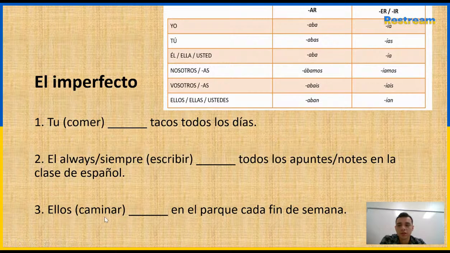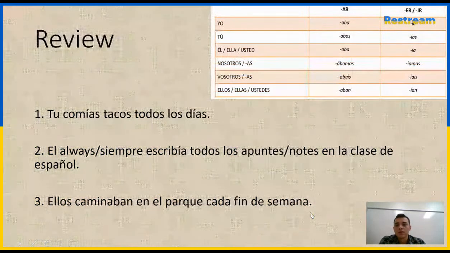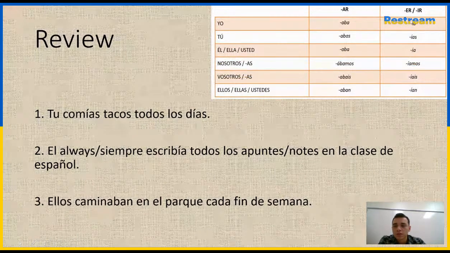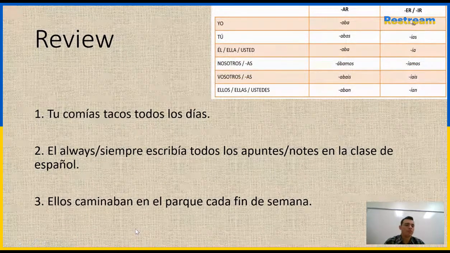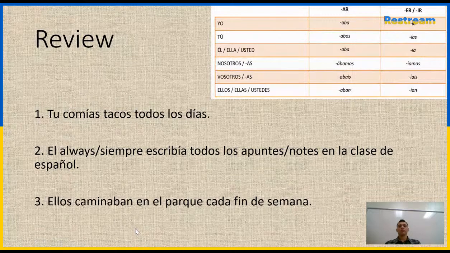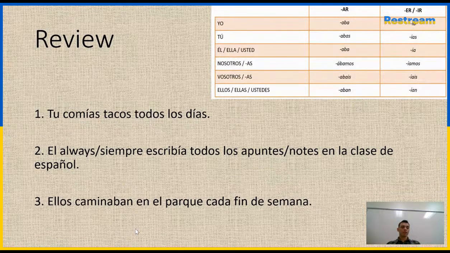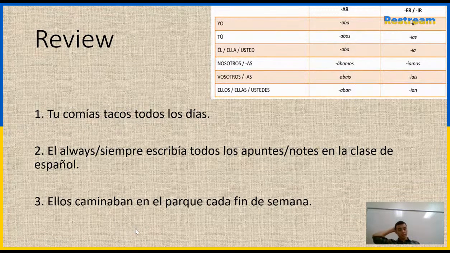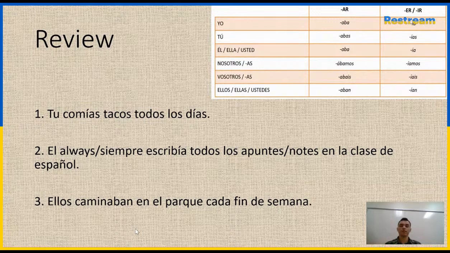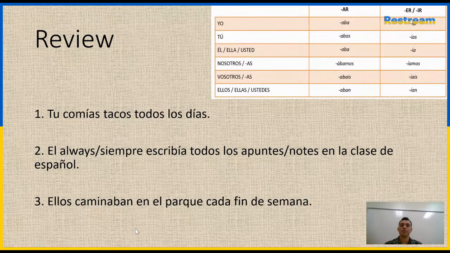So ellos caminaban en el parque cada fin de semana. All right, guys. So those are the correct answers. Everyone did a good job. I hope everyone learned something from this lesson and is now able to understand how to conjugate verbs in Spanish using el imperfecto. My name is Jesus Mata, and thank you for your attention.